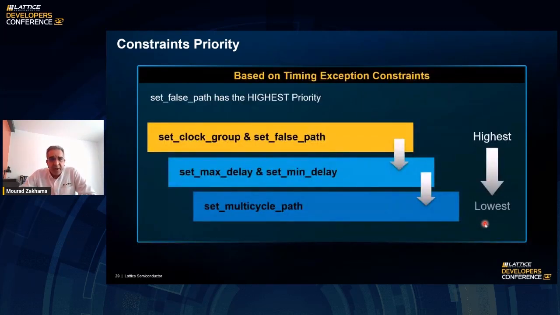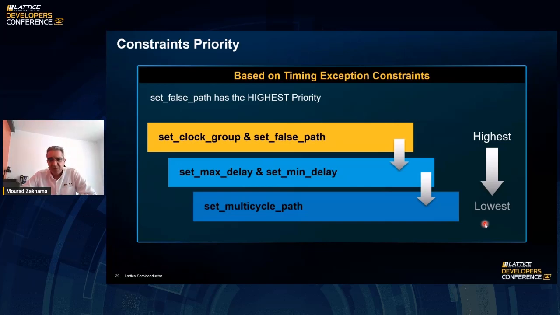So there is also a priority associated with the timing exceptions. The highest priority goes to the clock groups and false paths. If you declare clock groups, meaning clock domains that are not related, or false paths, these will take precedence.